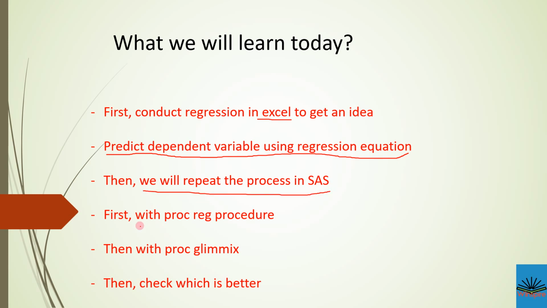First we will do it with the proc reg procedure, and then we will also do it with the proc glimmix procedure. I want to show you both of them because the proc glimmix procedure deals better with missing variables, whereas proc reg may be less powerful than proc glimmix. So let's do the analysis, guys.